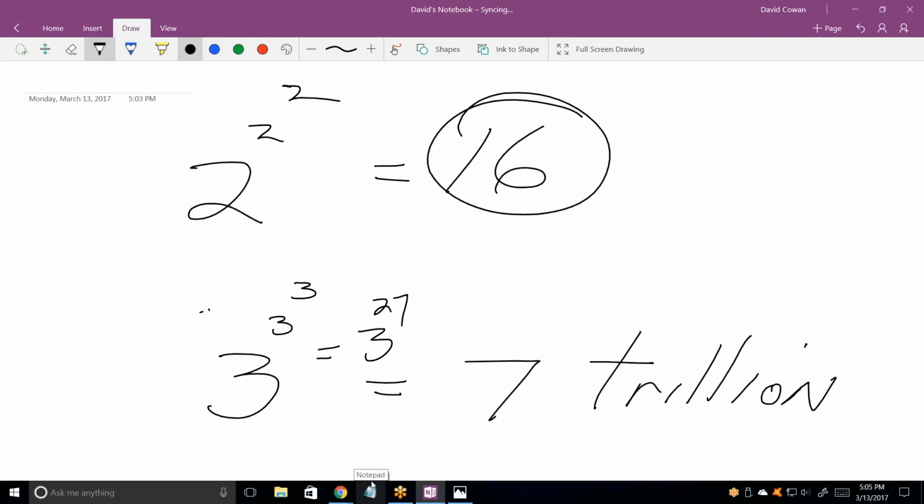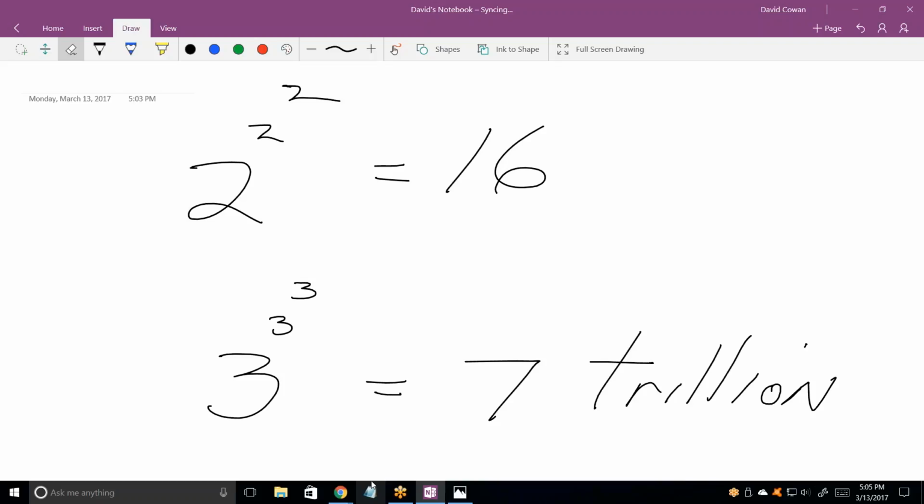As opposed to if I put parentheses around there, now it's 3 to the 9th power. Still a big number, but nowhere near 7 trillion. So if you really want to talk big numbers, you use this kind of notation.